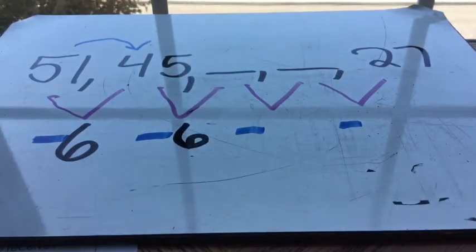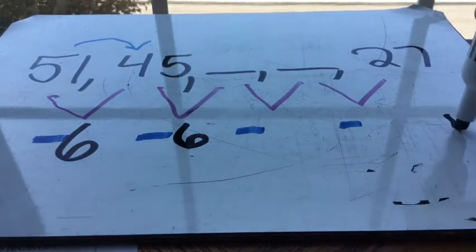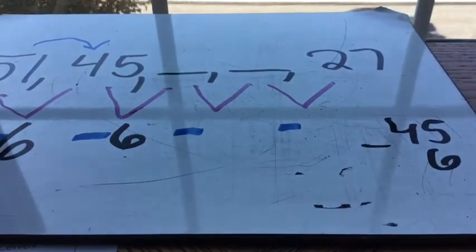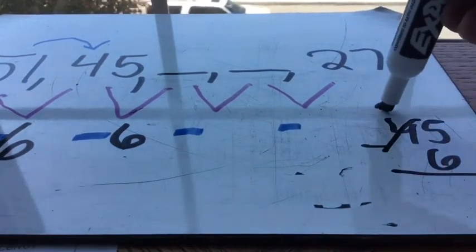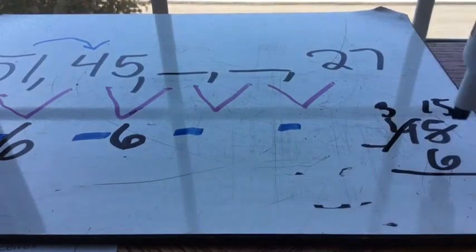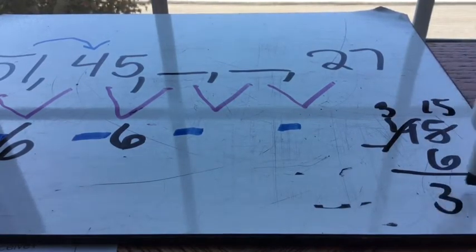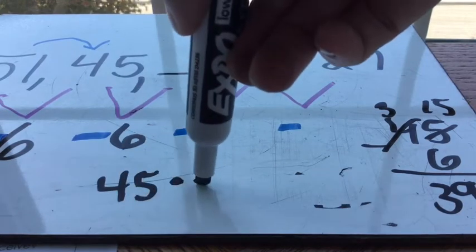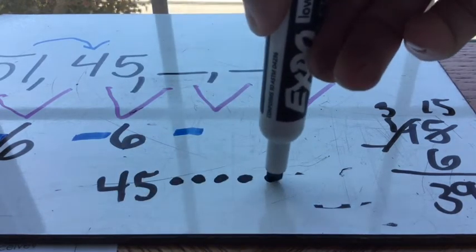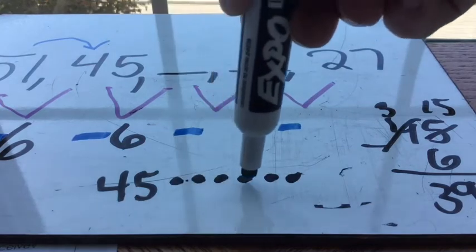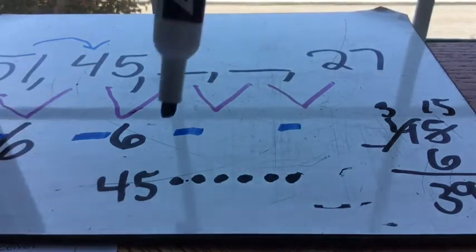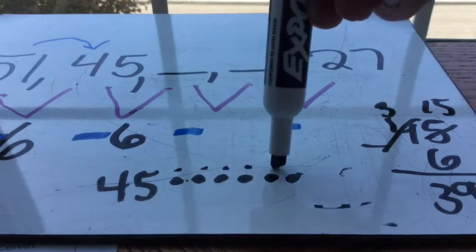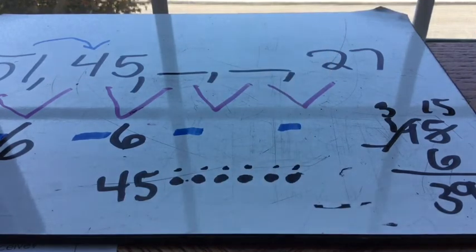45 minus 6. I can either do it my algorithm way and do the takeaway like that, or I can count backwards. I can go 45 and make 6 dots. 1, 2, 3, 4, 5, 6. 45, 44, 43, 42, 41, 40, 39.